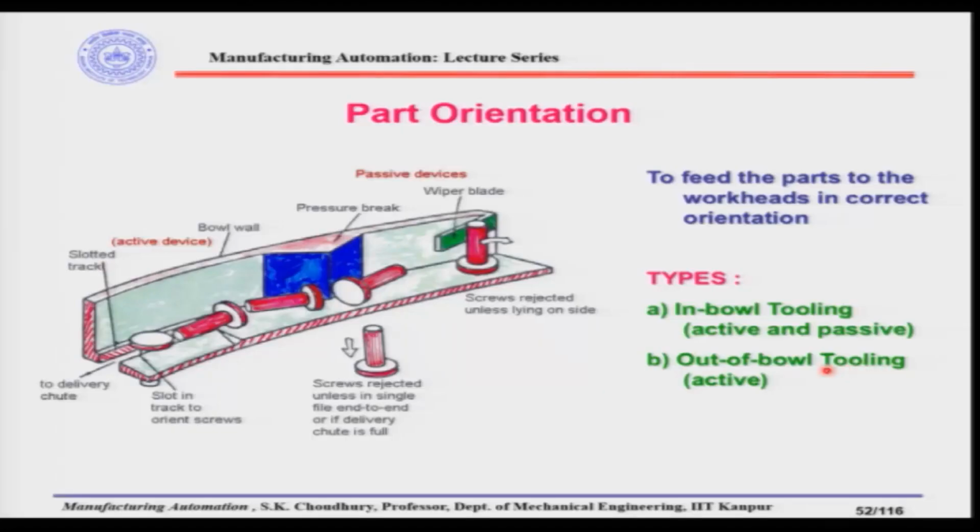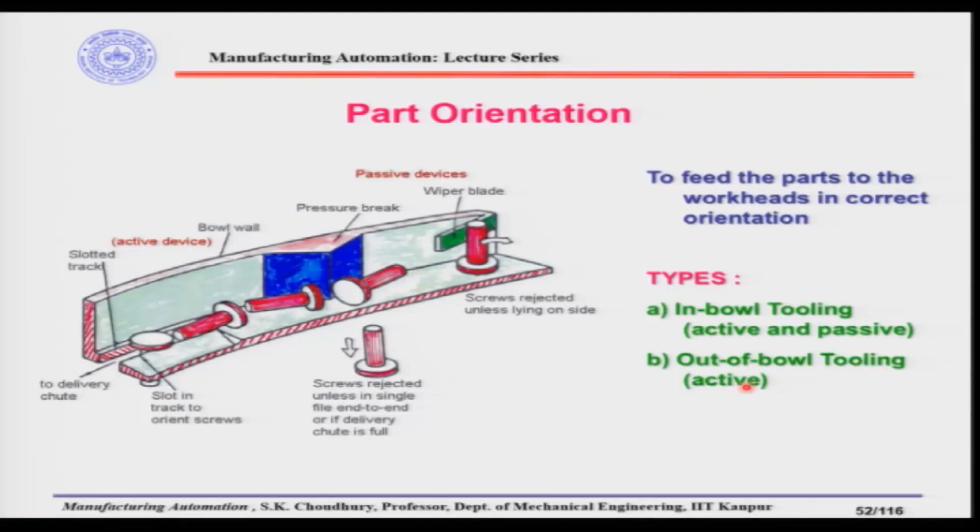And out of bowl tooling, since this kind of orienting devices are placed outside the bowl, we will discuss later on that this is on the feed tracks. That means, after the part has gone beyond the bowl feeder, there is a feed track which will take the parts to the machine after the bowl feeder.